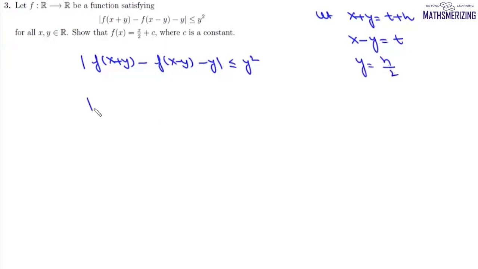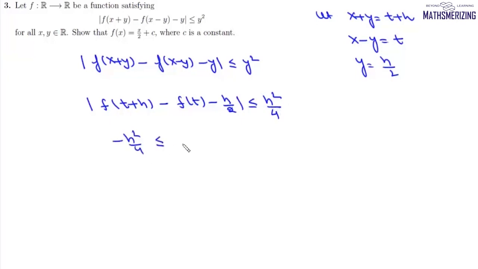So we can write this as mod of f(t+h) minus f(t-h/2) will be less than or equal to h squared by 4. Now if mod x is less than a, then x lies between minus a and plus a. So we can write minus h squared by 4 is less than or equal to f(t+h) minus f(t-h/2), and that will be less than or equal to h squared by 4.